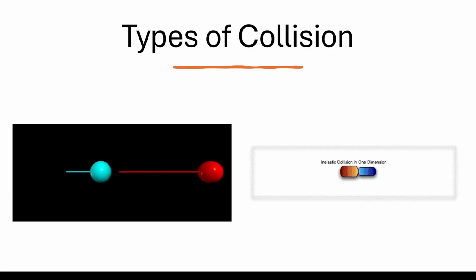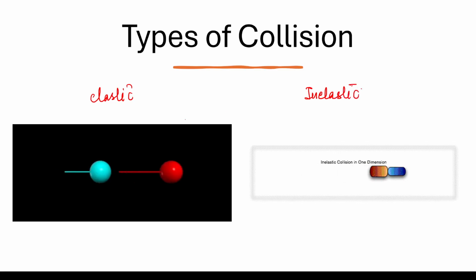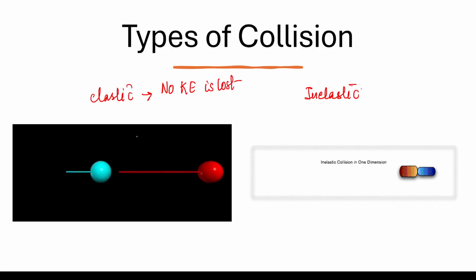Okay, so the two types of collisions that you have are elastic and inelastic. If it is an elastic collision, there's no energy loss. No kinetic energy, let's be precise, no kinetic energy is lost. And because no kinetic energy is lost, then what did I tell you?